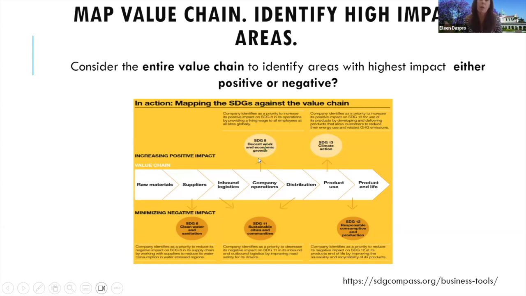So mapping out your value chain and identifying potential areas of overlap between the SDGs and areas of positive as well as negative impact is a really important input in terms of prioritization, right? Where those SDGs align with our core activities in our value chain.